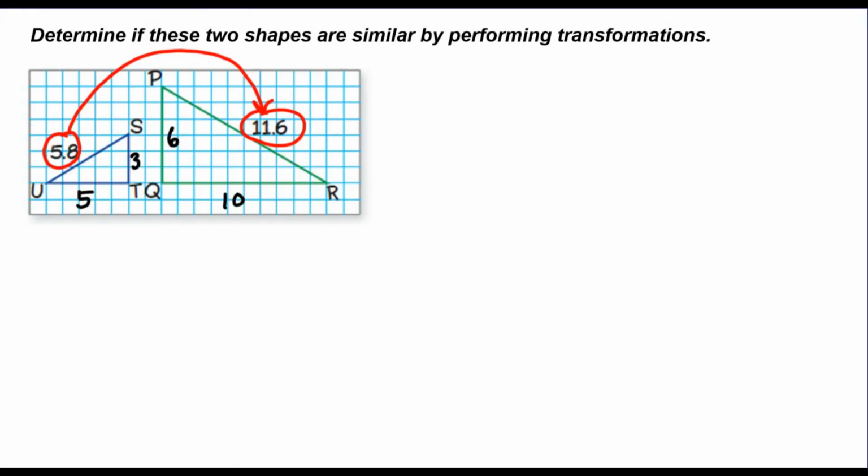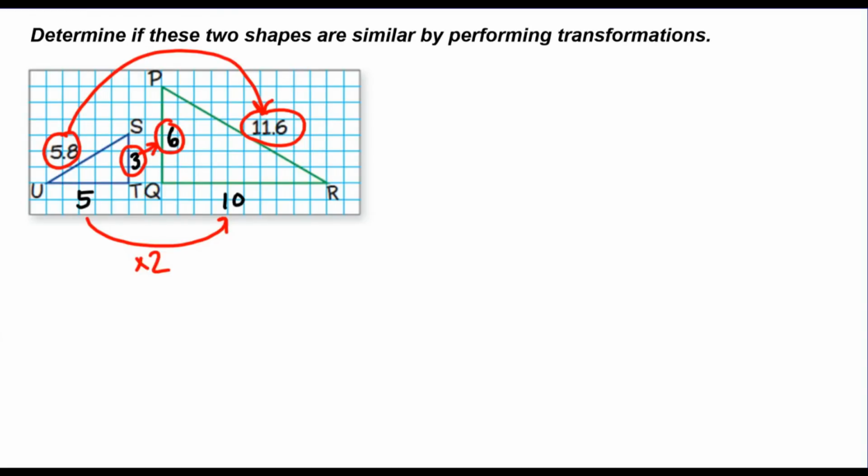So again, you can see I can map these side lengths to the larger ones by using a scale factor of 2. So what other transformation would I have to use? Once I dilate this using a scale factor of 2, they would be pointing opposite directions. So I would just have to flip triangle STU over to map it onto PQR so that they would line up exactly.